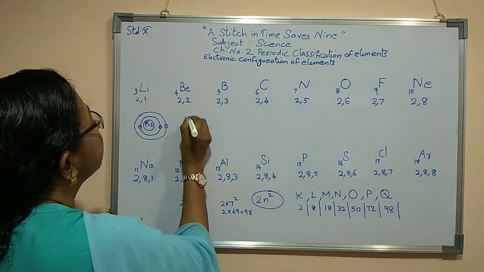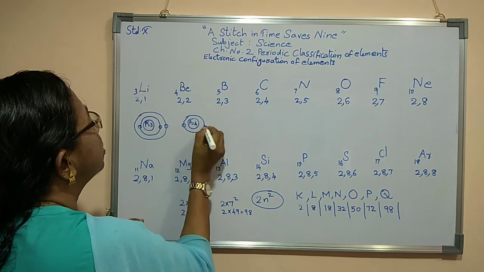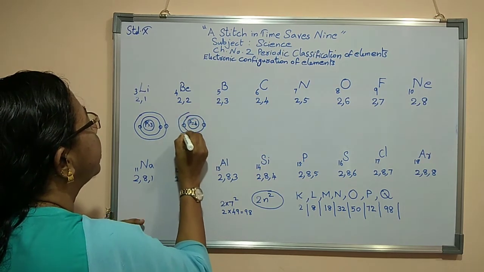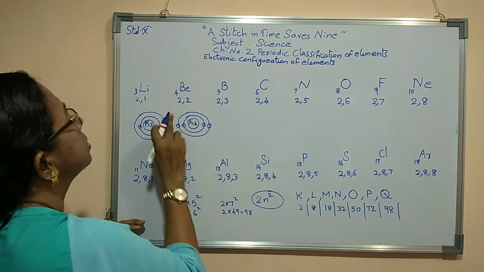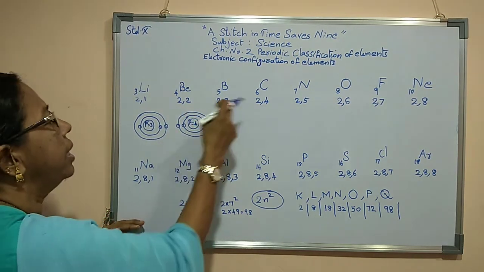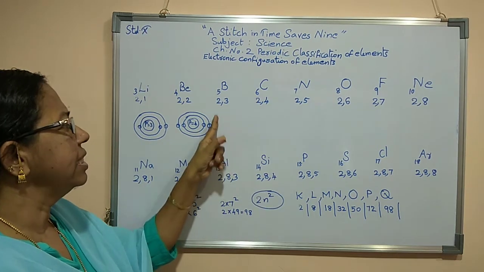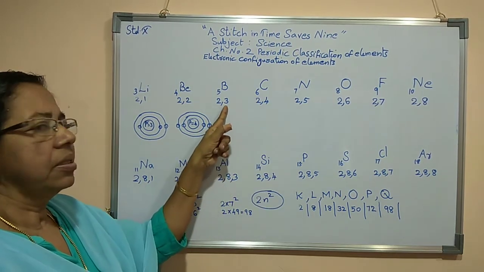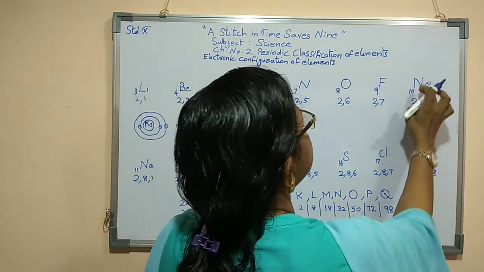Now you see, the first orbit has 2 electrons. The second orbit has again 2 electrons. Same to same I made. Now third, fourth, seeing that the first orbit has 2 electrons, the second orbit will have 3 electrons, then 4, 5, like that. Then here this is neon.